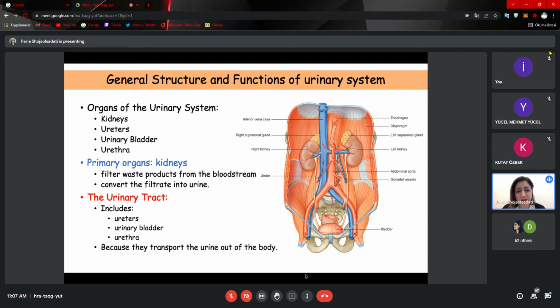It filters the waste products from the bloodstream and converts the filtrate to urine. The tract is made of different parts: ureters, urinary bladder, urethra. These are named a tract because they transport the urine out of the body.